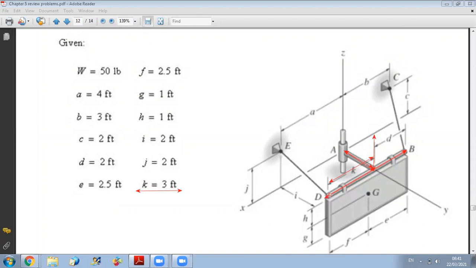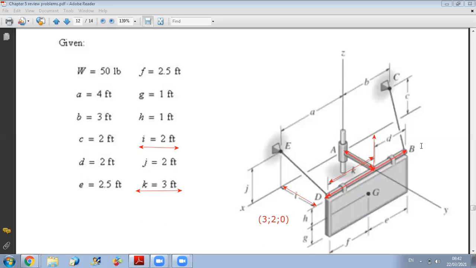The coordinate along y is plus i. So for point D, the coordinates are 3 along x, 2 along y, and 0 along z.